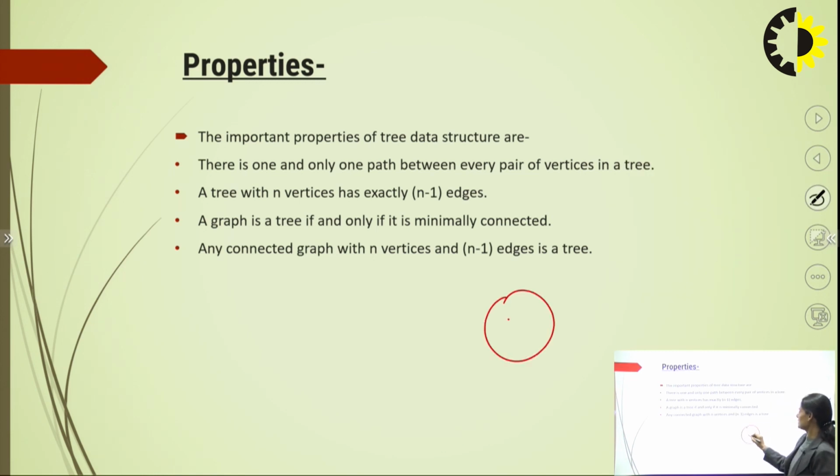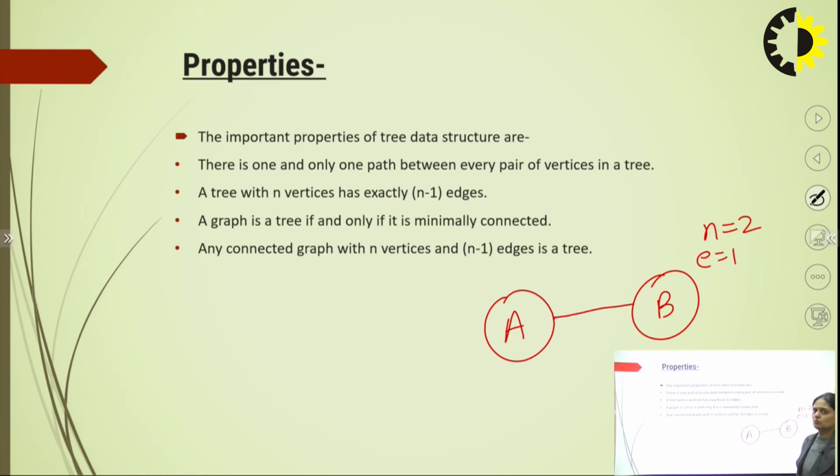Suppose this is a node A and this is another node B. So n is equal to 2 over here because there are 2 nodes, and minimally we can connect them like this. So the number of edges is equal to 1, that is n minus 1. So this is a tree having 2 nodes.